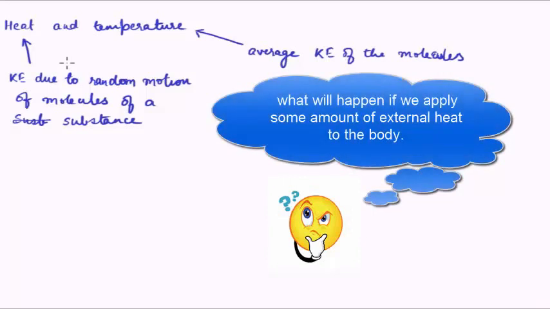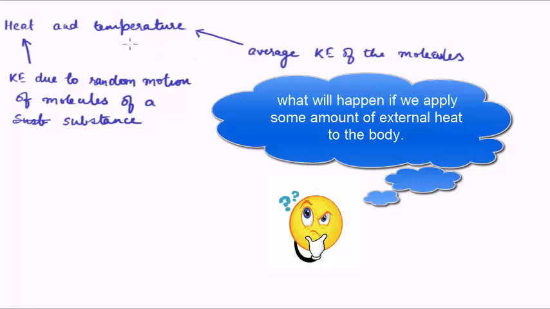Now what will happen if we supply some amount of external heat to the body? That will increase the random motion of the molecules of the substance. As a result, the total heat content of the body will increase. But the point to be noted is, since the total heat content is increasing, the average heat content is also increasing.